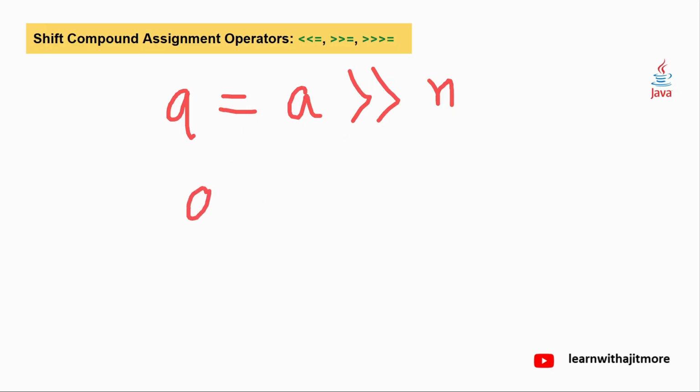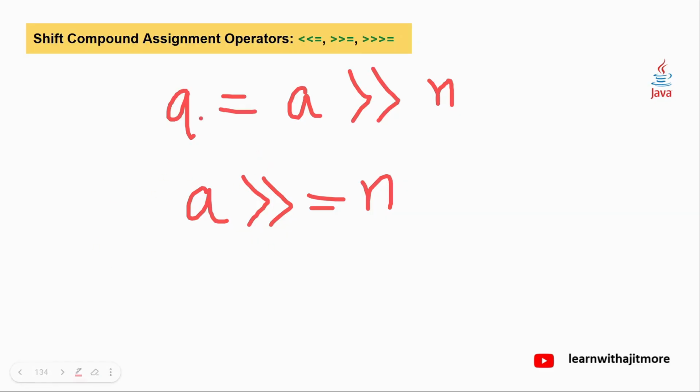You can do it like this: A >>= n. It is going to shift A right side n times, and whatever answer comes, it will itself store in A. It's the same thing in a shorthand form.